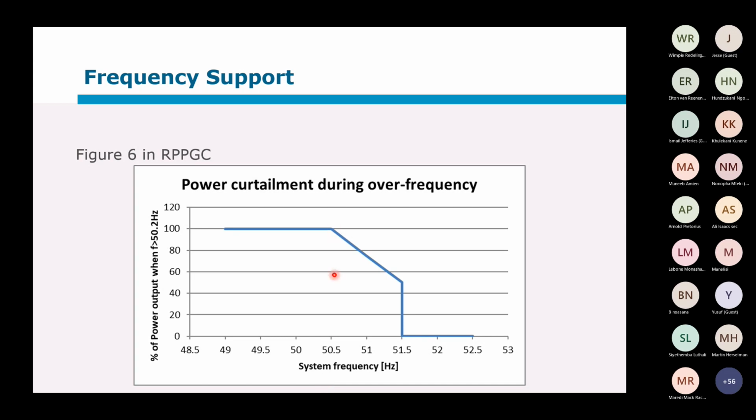Suddenly all the generation tripped off and their system nearly collapsed, because the generation dropped so quickly and so much that the base load generation couldn't support the network.